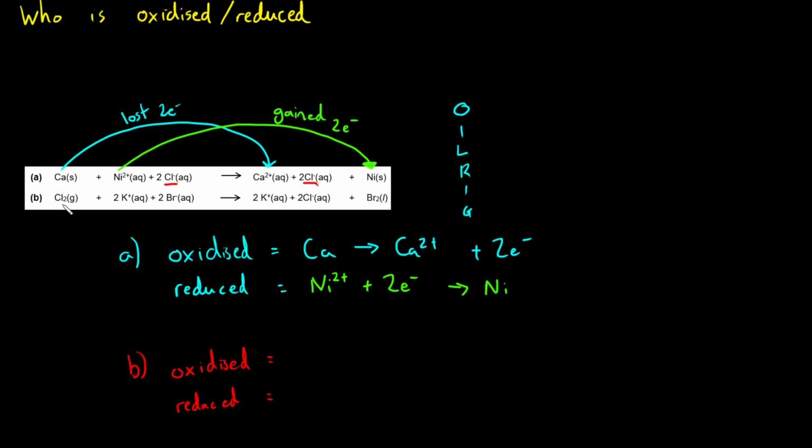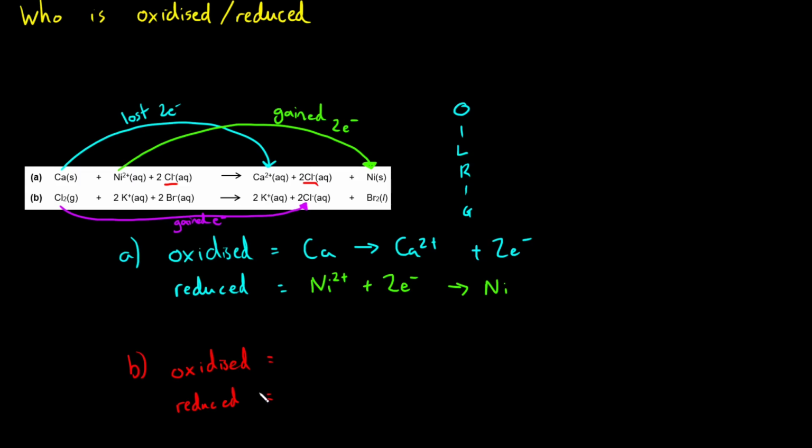However, when it's across onto the product side, it has changed. It has become the chlorine negative ion. It's gained negative charge. It must have gained an electron. Remember, reduction is the gain of electrons.